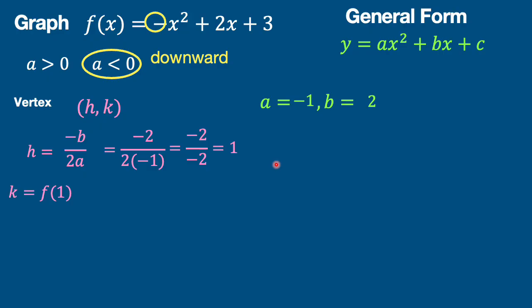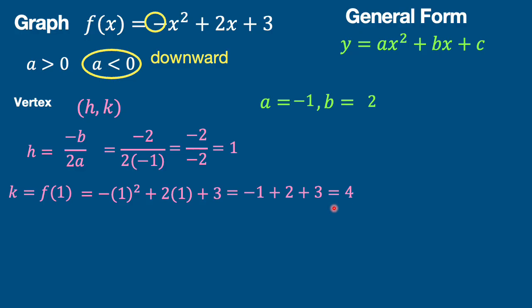Let's find k. k equals f of 1. So let's plug in the 1 here. Be very careful. Here x equals 1: negative parenthesis 1 squared plus 2 times 1 plus 3. 1 squared is 1, that's gonna be negative 1. 2 times 1 is 2. Plus 3. The whole thing is 2 plus 3 is 5.